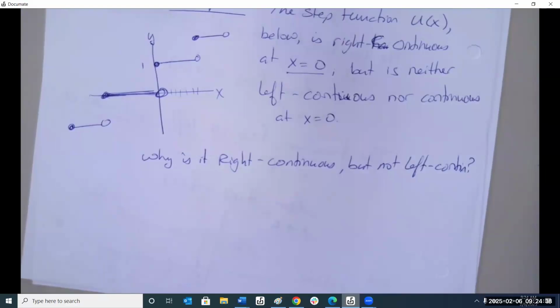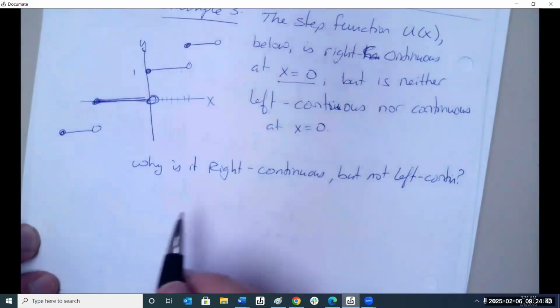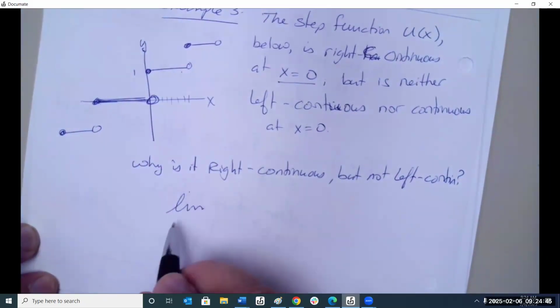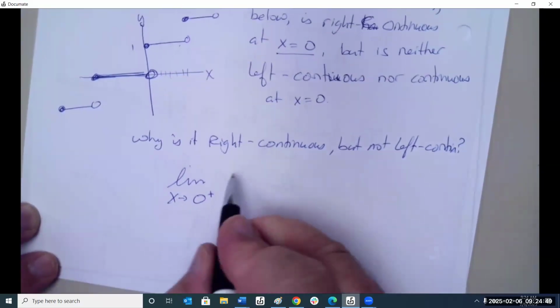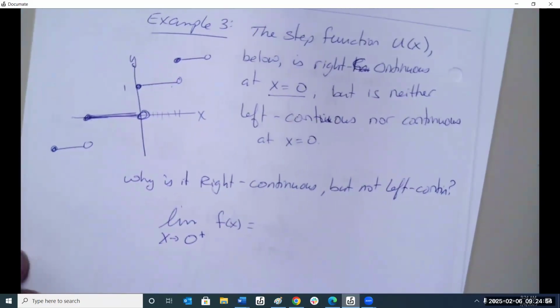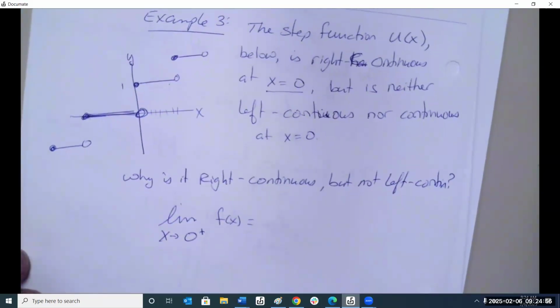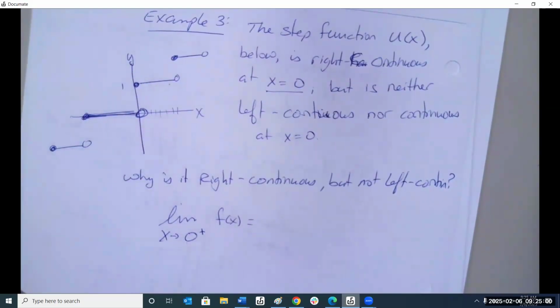You won't find it in there, anybody. Here's why. As we're approaching the limit as x approaches 0 from the right of our function, what is the value? What is the limit approaching? As x approaches 0 from the right, where is it approaching? 1.